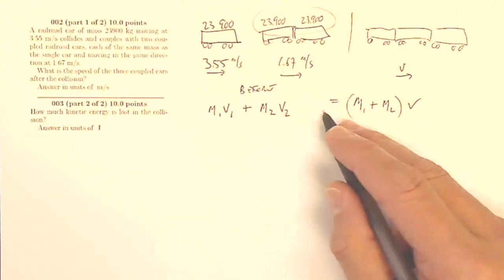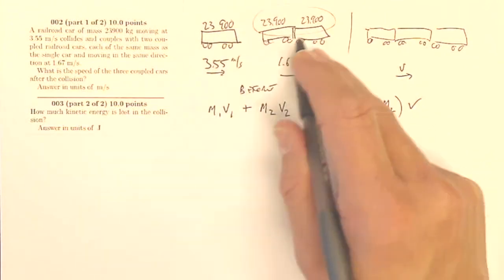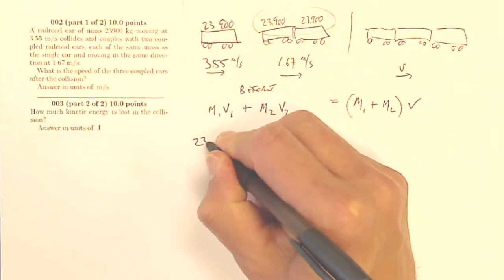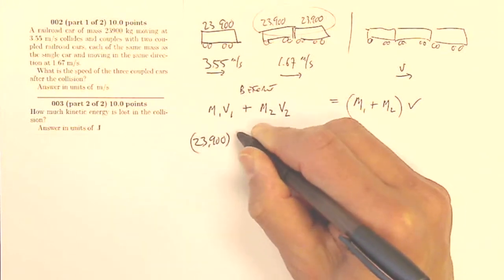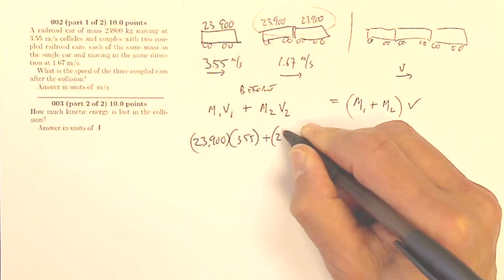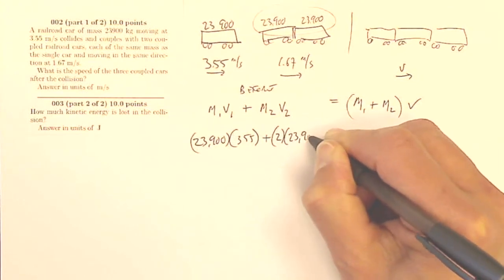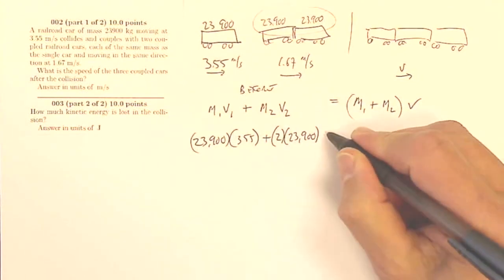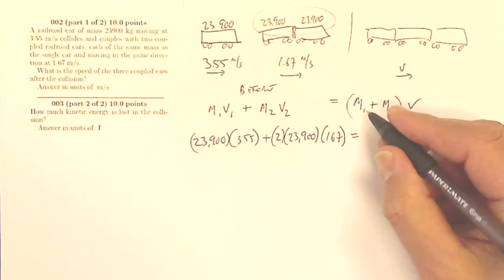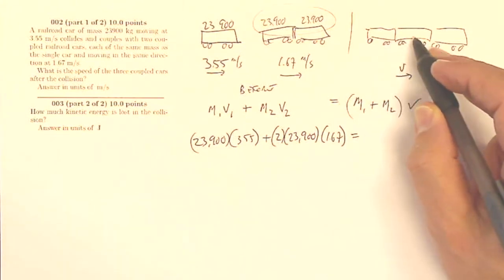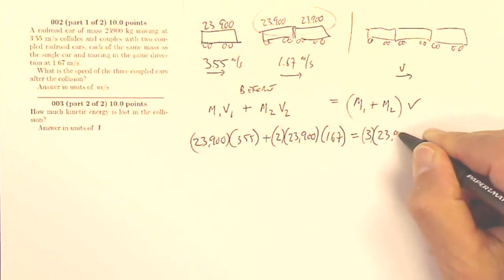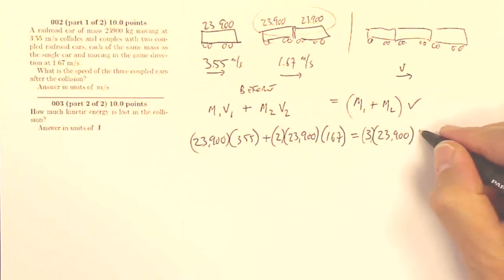So actually, I could factor out the m's here in some way because these are 23.9, this is 23.9, so it's going to be 3 times that somewhere in there. But let me do this the right way. So I've got 23,900 times 3.55 plus the mass here is 2 times 23,900 times the velocity here, 1.67, and this is all positive because it's moving in the same direction, equals, this is going to be 3 times 23,900 moving at that new velocity.